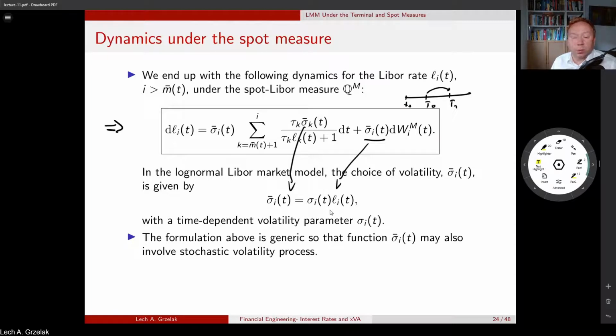Of course, in the next part of this lecture, we will be discussing extensions of this Libor market model. So the standard case, because here we have a Lognormal case. Then we will talk about extensions to include also volatility smile. And that can be done by inclusion of stochastic volatility.